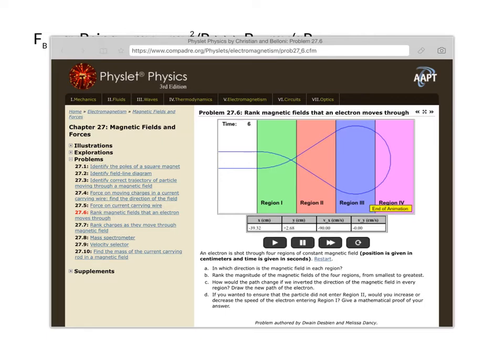And so what you need to know about this is that a charge in a magnetic field moves in a circle. So make sure you understand all that. And the circle depends on, let me pause the video for a second.